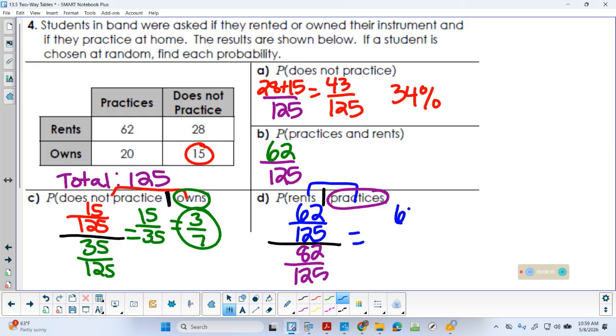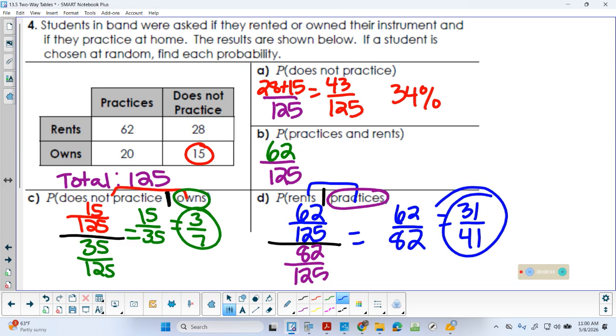Those 125s cancel. I'm down to 62 over 82. Does that reduce? Yeah, both even, so at least 2 is going to go into them. 2 goes in 31, 41. I can't go any further because 31 and 41 are what special types of numbers? Right, prime. So I almost like today better because you get those numbers quick and easy right off the table.